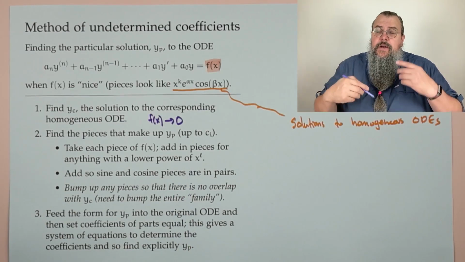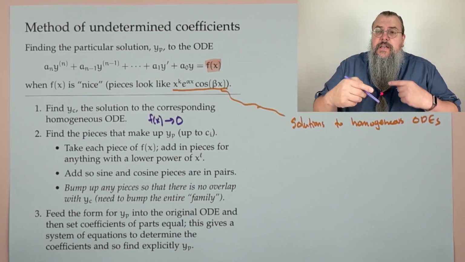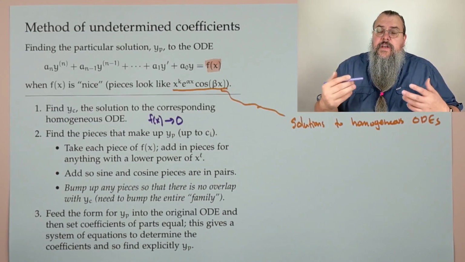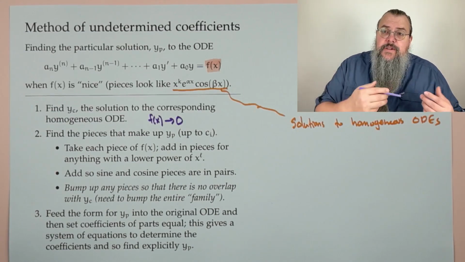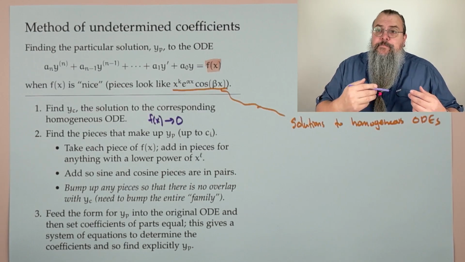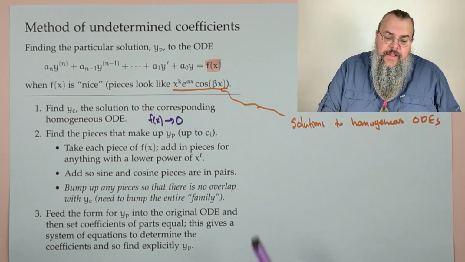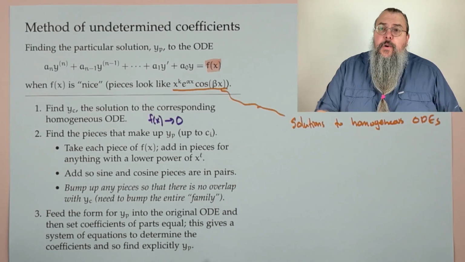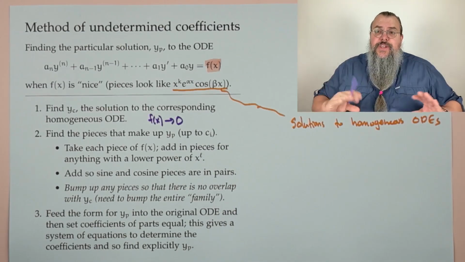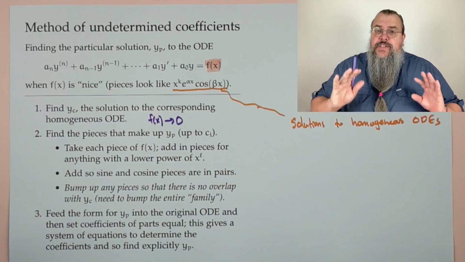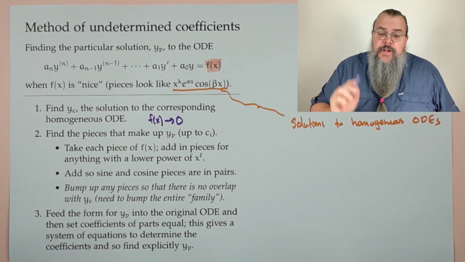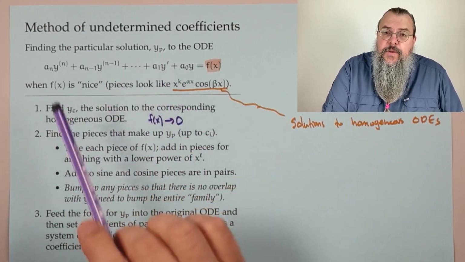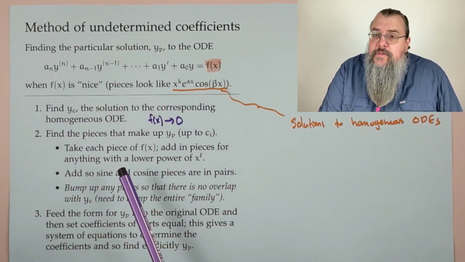Then, if there's a sine or a cosine, sine and cosine always come in pairs. So if we have one, we need to make sure the other is there as well. After these first two points, we have solutions that take into account just f of x, but don't take into account any possible overlap with what's coming from the left-hand side.